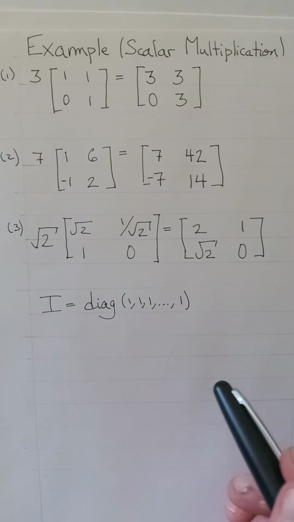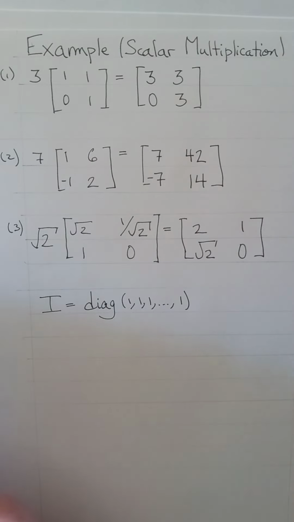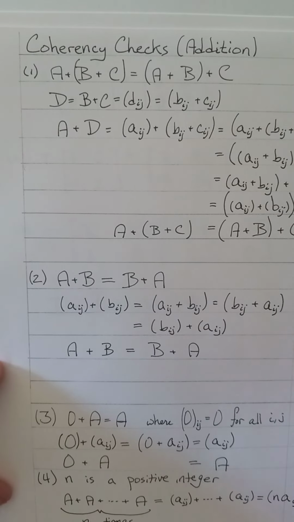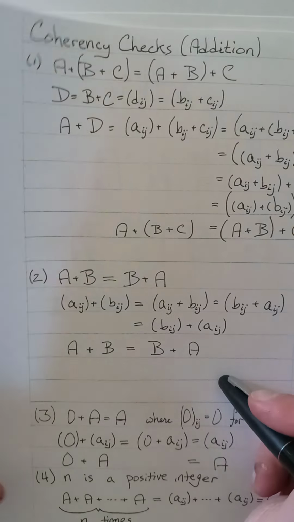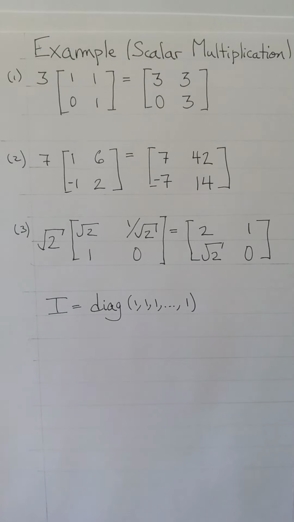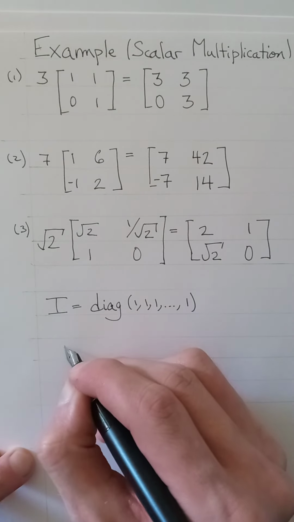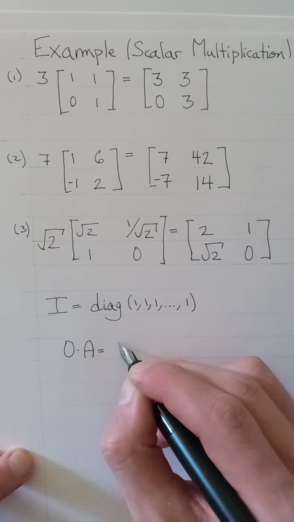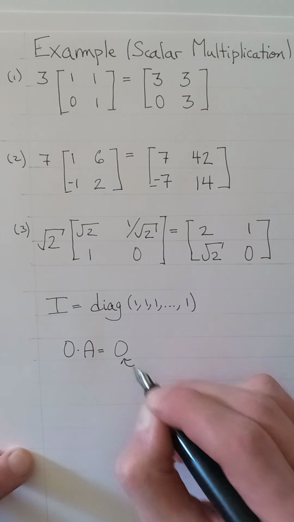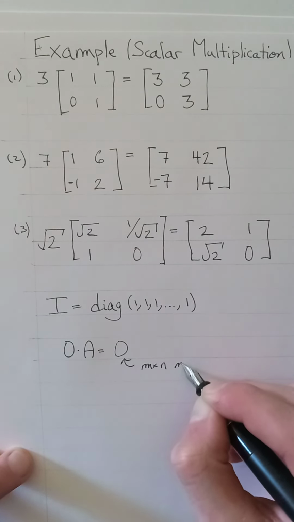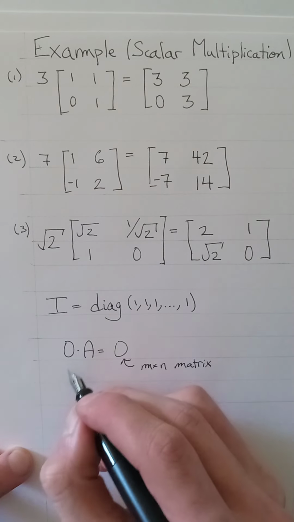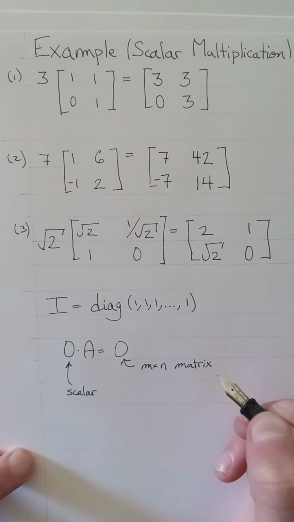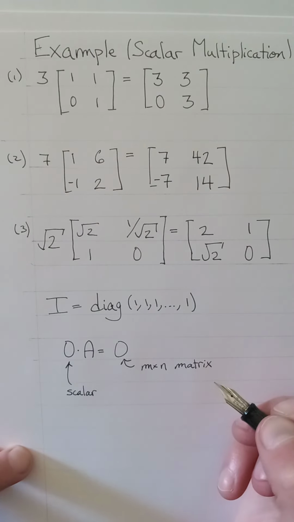But just as last time, when we introduced matrix addition, we had these coherency checks. We could do something similar with scalar multiplication. For example, it's not hard to show that 0, the scalar, times A, any m by n matrix, is 0, the m by n matrix. And if you're not sure how to see that, just write out every component of A, then multiply it by 0.